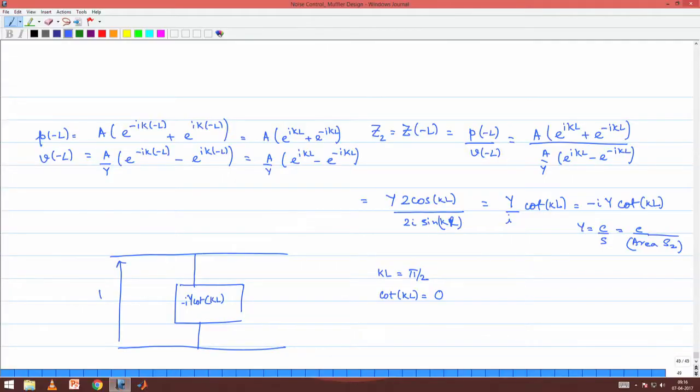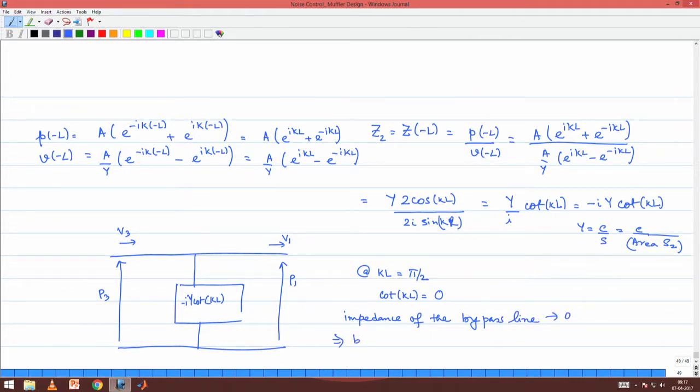So, this is P3 and this is P1 and this is V3 and this is V1. So, at kL equals pi by 2, cot kL turns 0, which means the impedance of the bypass line goes to 0.